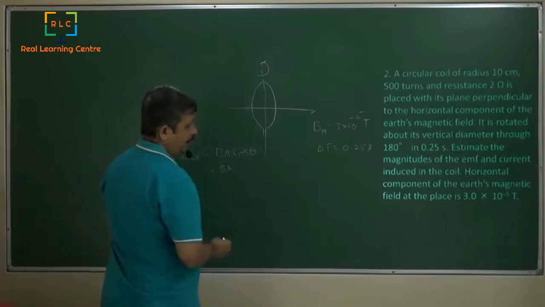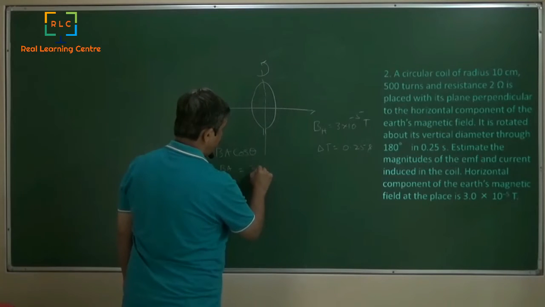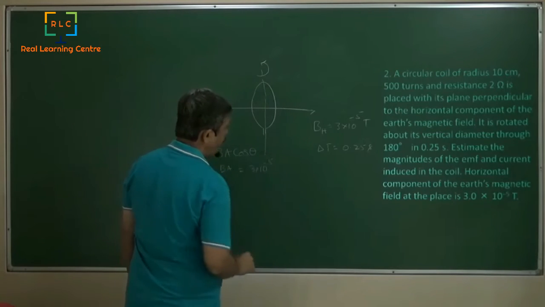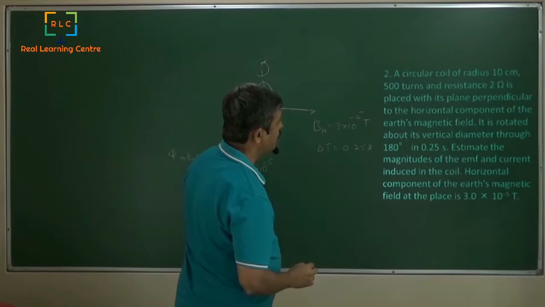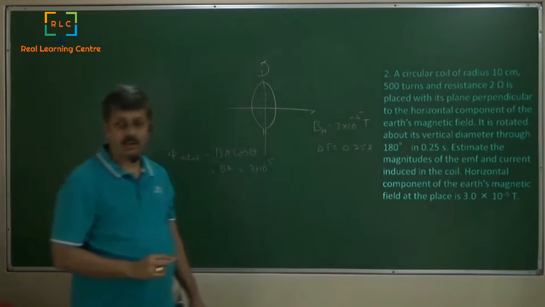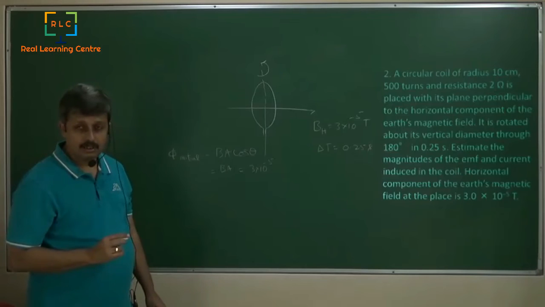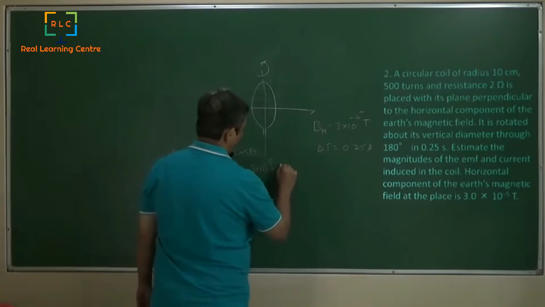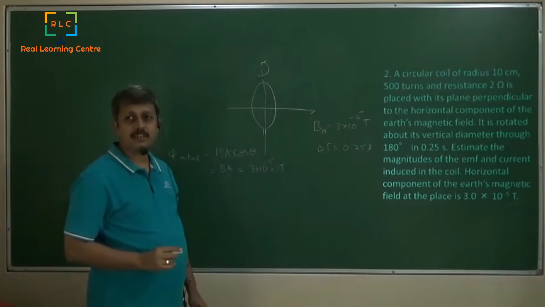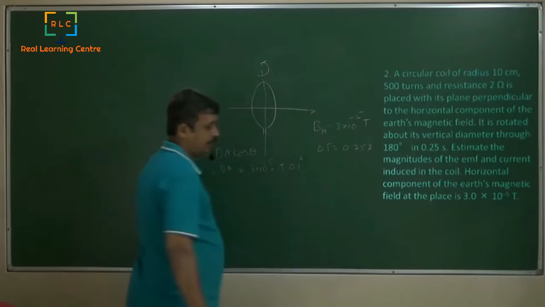B is given as 3 into 10 power minus 5. A: they have given a 10 centimeter radius circular coil, so that is pi into 10 squared. 10 is in centimeters, so I will write it in meters: pi into 0.1 squared, that is the radius.